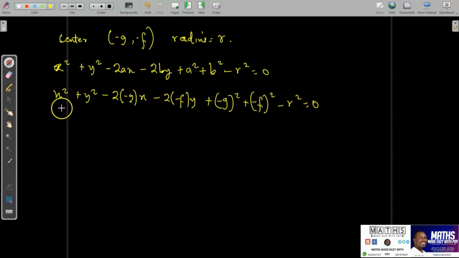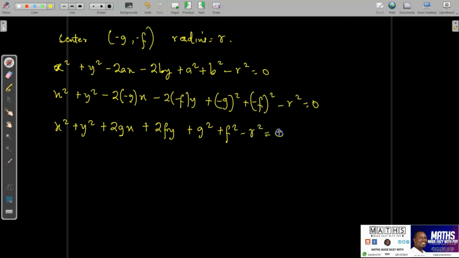So finally we have x squared plus y squared. Then what would we obtain here? Plus 2gx plus 2fy, then plus g squared plus f squared minus r squared equal to 0.